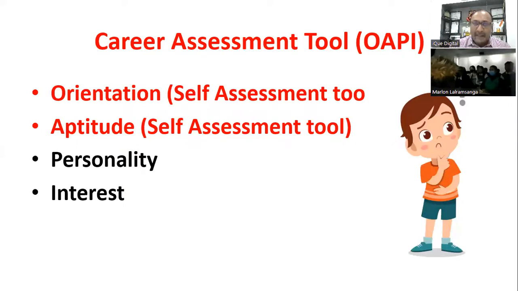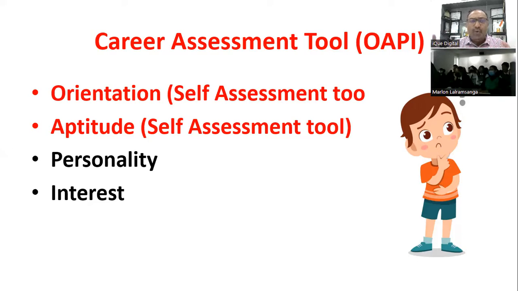Those 4 parameters are like 4 pillars of a building structure. And I hope you all understand that even if one pillar of a building structure is weak, the chances of the building collapsing or being unstable become very high. So you must understand your orientation, your aptitude, personality, and interest.